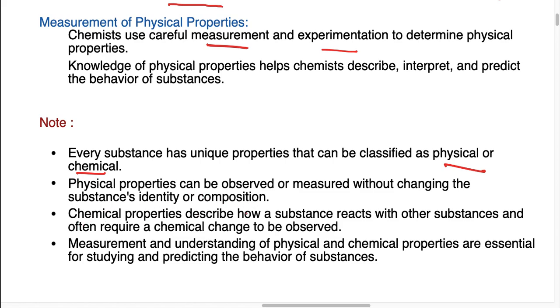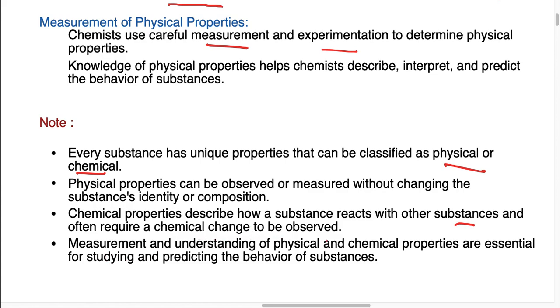And chemical properties describe how substances react with other substances and often require a chemical change to observe. In physical property observation, no chemical change or change in the substance's identity or composition is required. But if you want to measure the chemical properties of any substance, it requires a chemical change to observe.